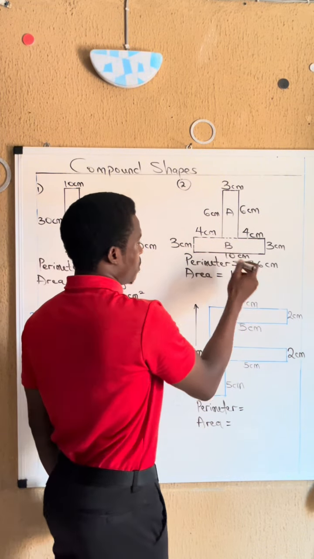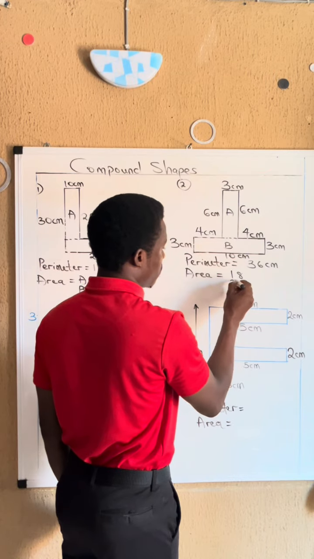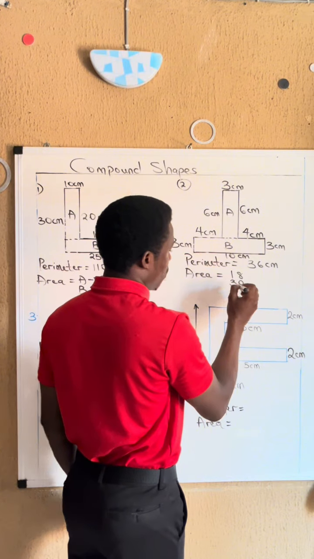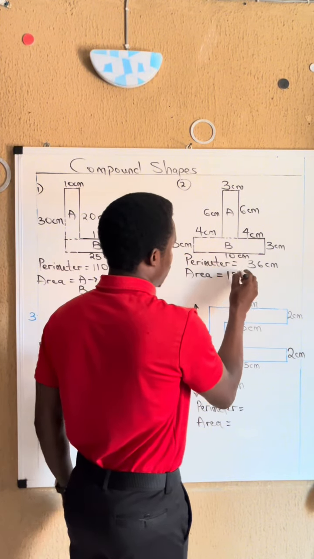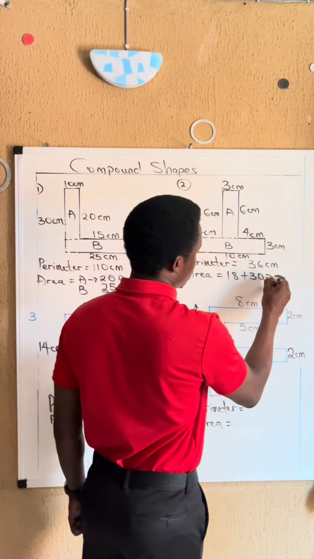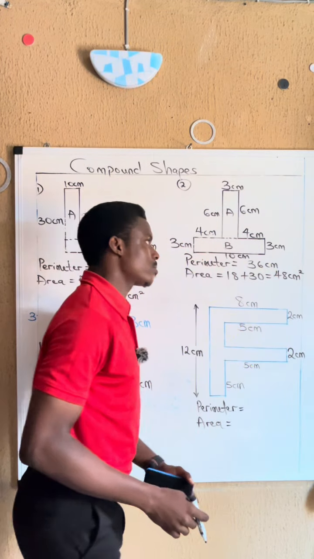And the area of B is 10 times 3, which is 30. And that gives me 18 plus 30, that's 48 centimeters squared.